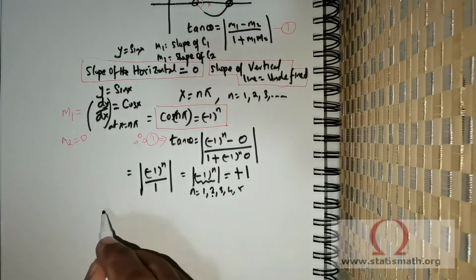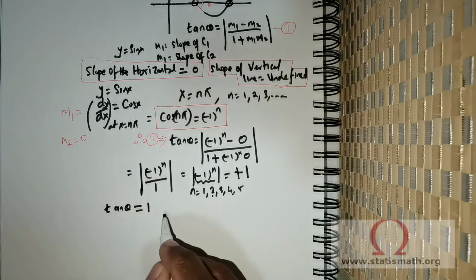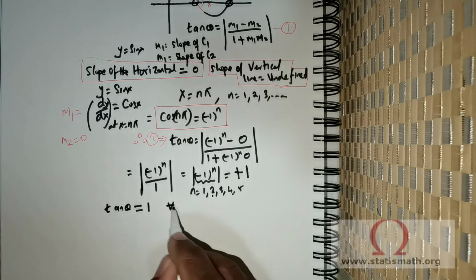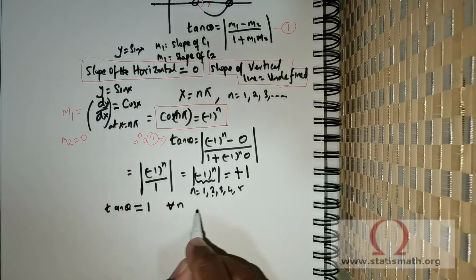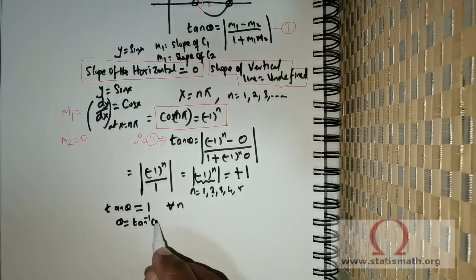So therefore I have obtained that tan theta is equal to 1 for all values. Now when I draw a sign like this, a V and a strike, it means for all values of n, this is the value. Tan theta is equal to 1, and theta is equal to tan inverse of 1.